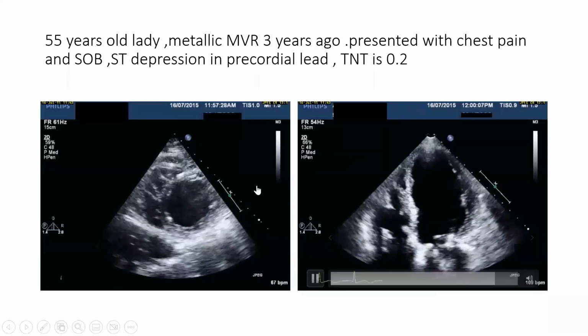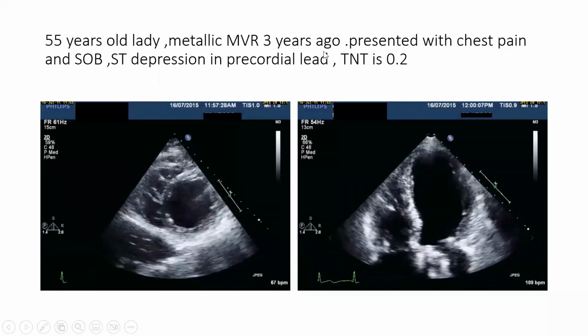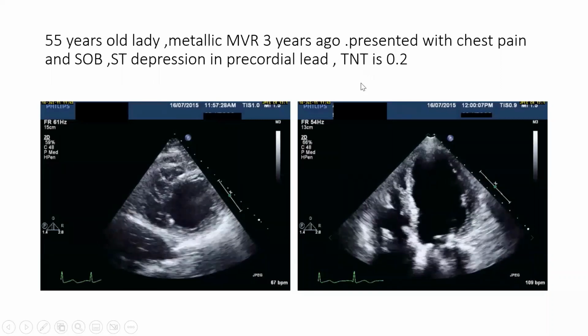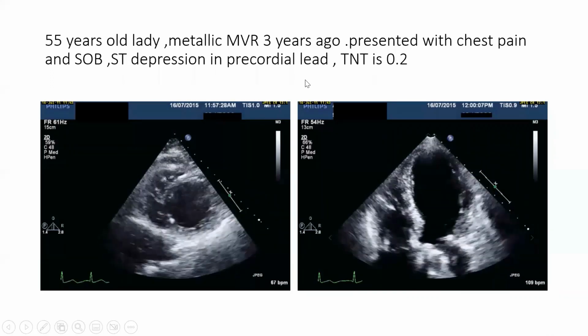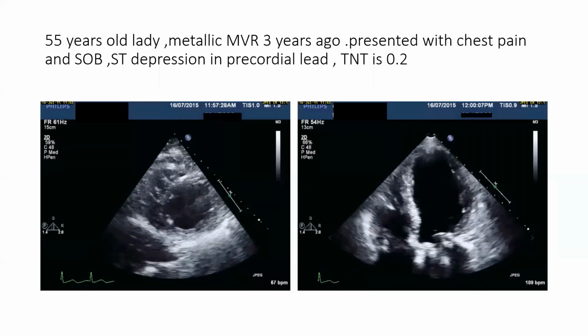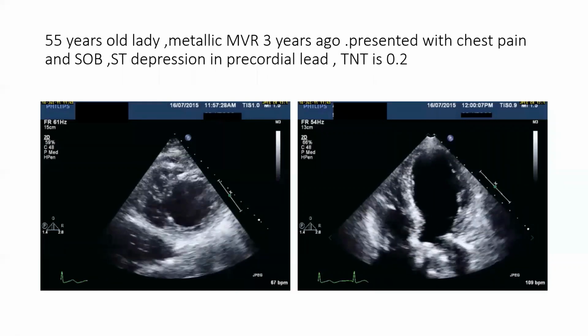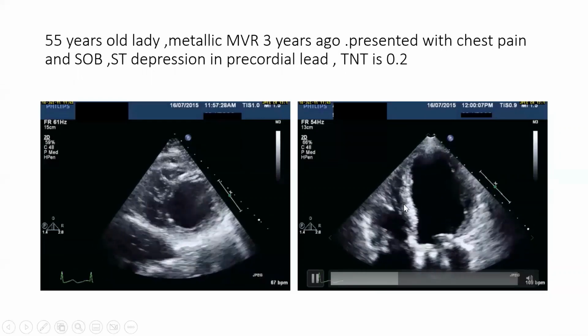Now, this is a 55-year-old lady with metallic mitral valve replacement 3 years ago, presented with chest pain and shortness of breath. She had ST depression in precordial leads and her troponin is 0.2. So, what do you see here? This is the short axis, and this is the apical 4.